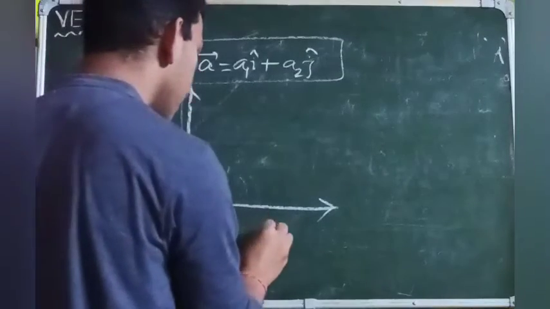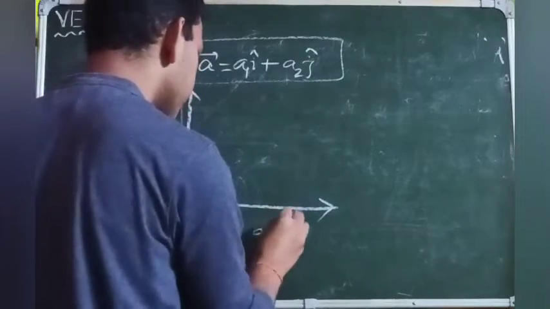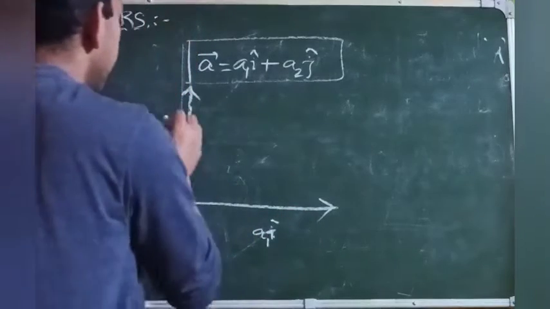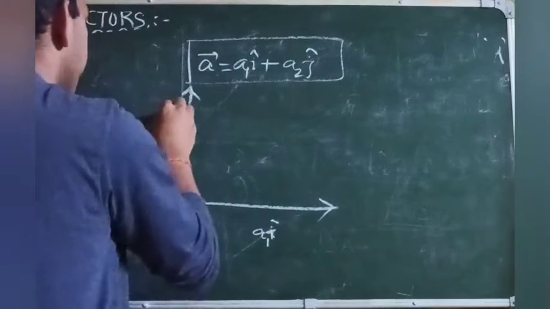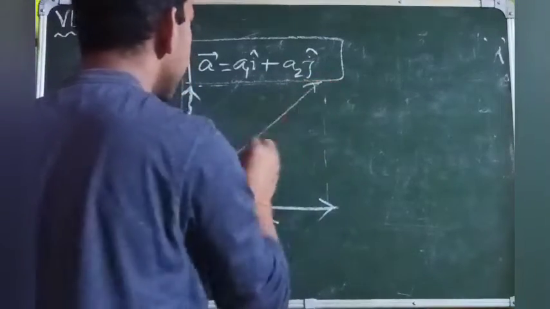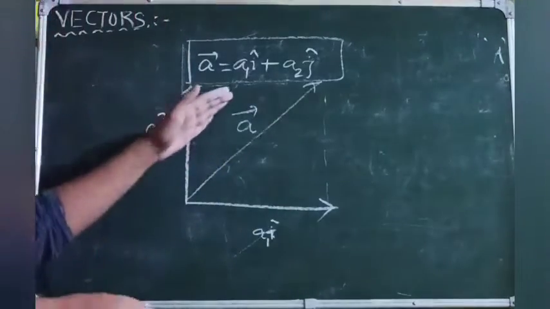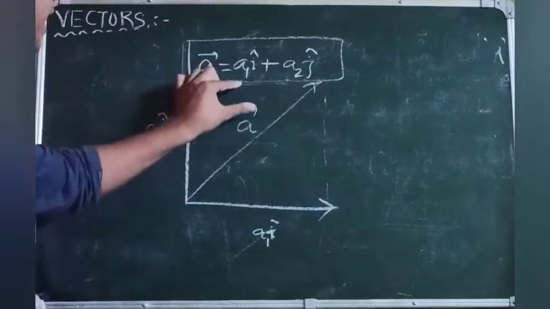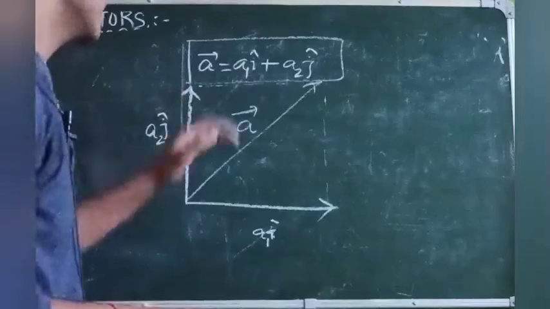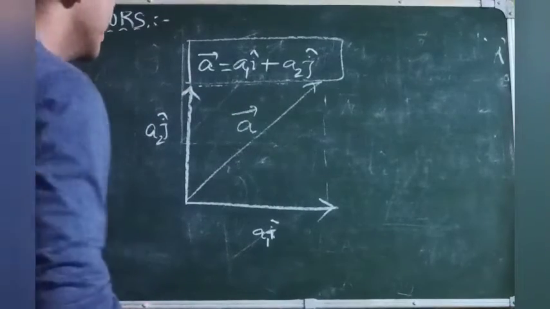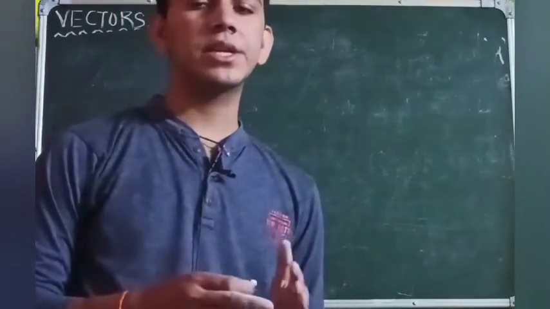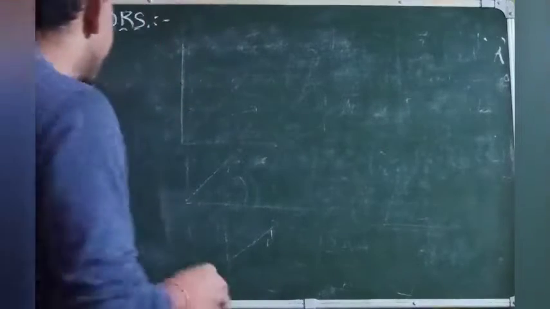This vector is suppose a1 i cap. The magnitude is a1 and the direction is represented by i cap, and this vector be a2 j cap. Then by the parallelogram law, this is the resultant vector a vector, so we can write the resultant of a1 i cap and a2 j cap is a vector. So therefore we have written this statement, that is a vector is equal to a1 i cap plus a2 j cap.